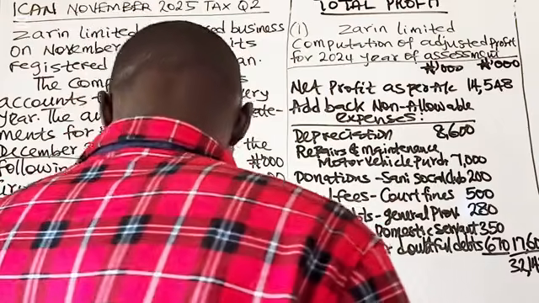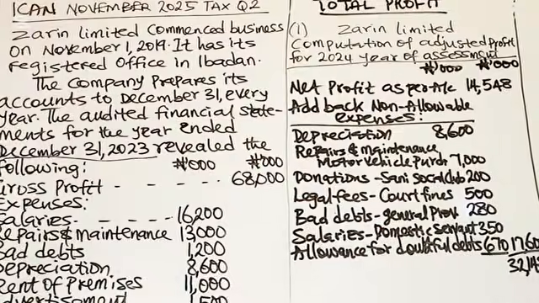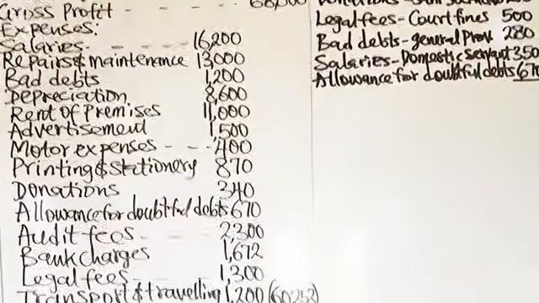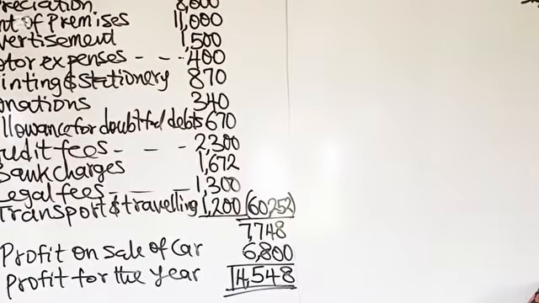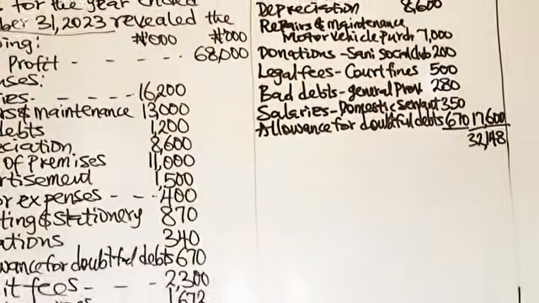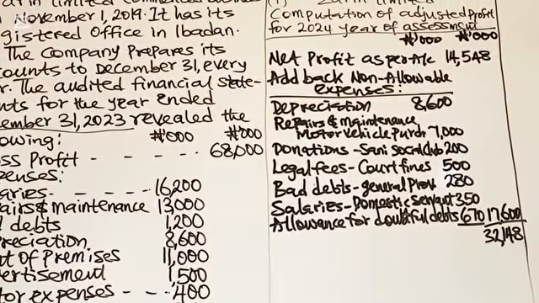Then remember we have profit on sale of car. I've told you that profit on sale of car is not taxable. So we will need to deduct the profit from sale of car. We have profit from sale of car of 6.8 million. I've told you it followed accrual basis and it's not taxable. Since it is not taxable, we are going to deduct that profit.